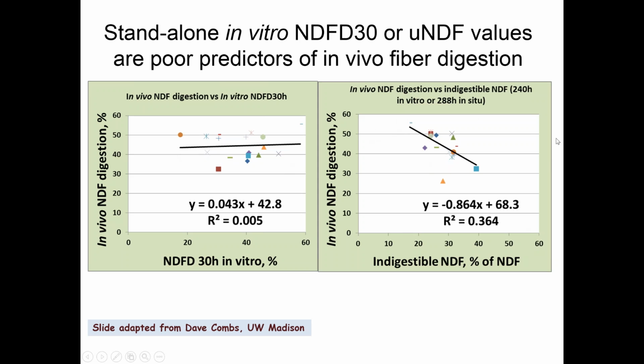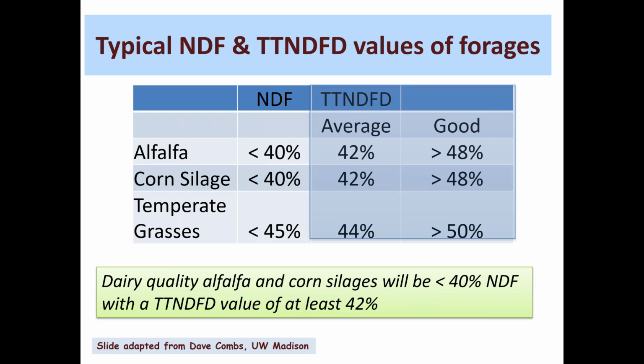But again, that relationship is not as good as Dave's estimate using the rate constants along with the indigestible NDF fraction: 36% of the variation versus 66%. So at least for that test, and certainly from a diagnostic standpoint, that work has been done, and it has not been done for some of the other procedures.